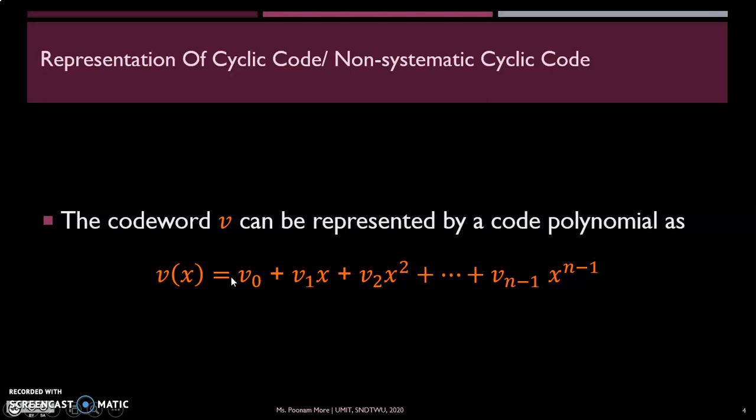Your first bit is the coefficient of 1, v1 represents the coefficient of x with the power 1, and v2 is the coefficient of x square. Likewise, this polynomial is extended up to n minus 1, as the length of the code vector is n bits.